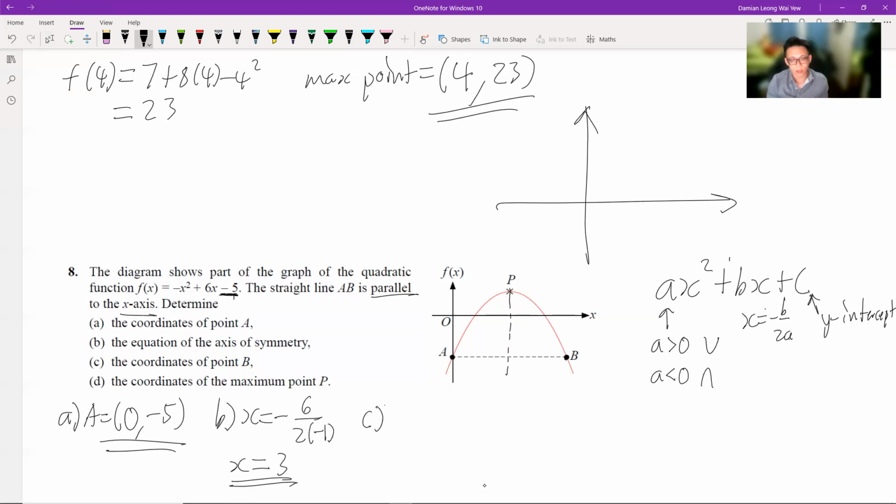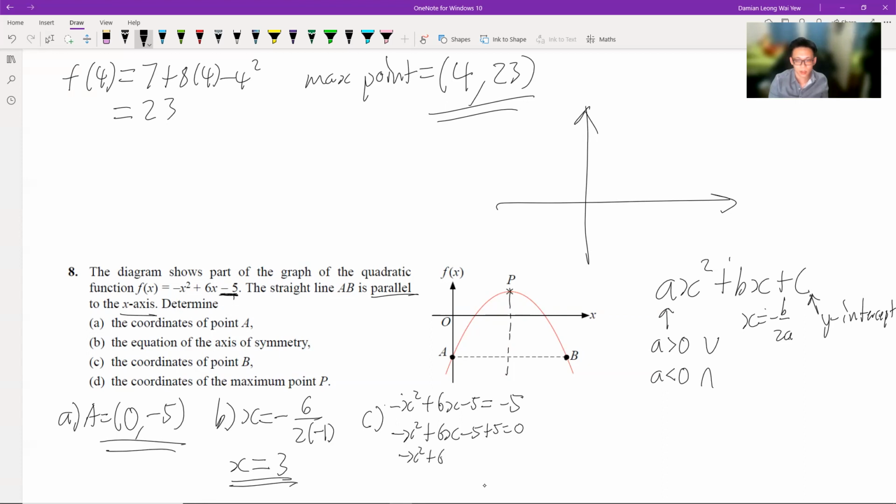If I use the y value, basically I take -x squared plus 6x minus 5 equals -5. Bring over: -x squared plus 6x minus 5 plus 5 equals 0.